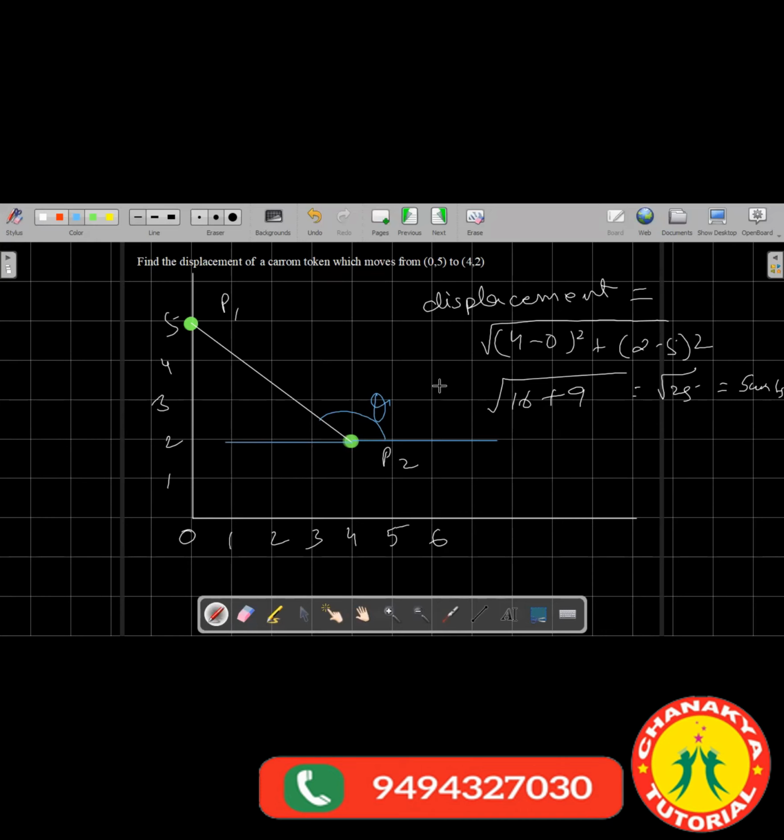The displacement is from P1 to P2 like this. So the direction will be this theta over here, not this one.